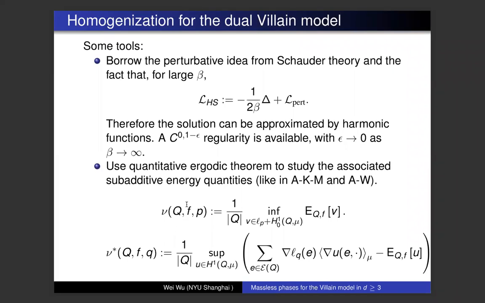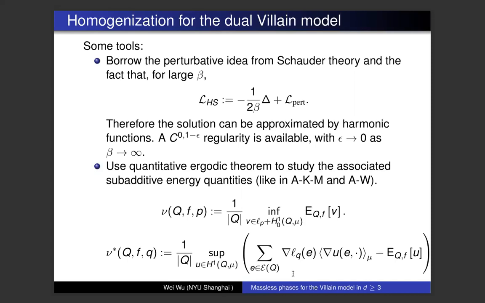And now in order to obtain some quantitative rate of convergence, you would need some kind of mixing for these quantities, like the energy functional defined in one domain and another domain which is far away being quite uncorrelated. So how are we going to do that?